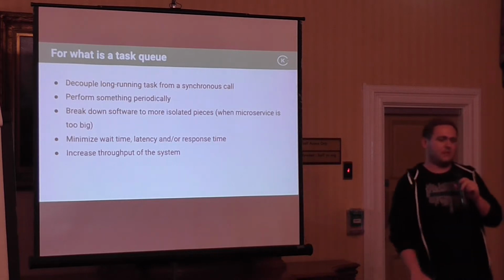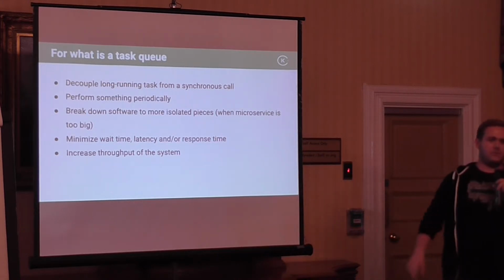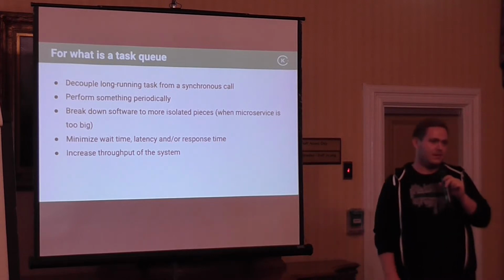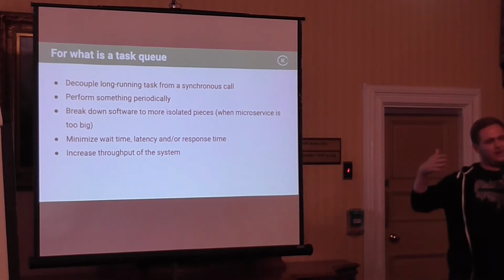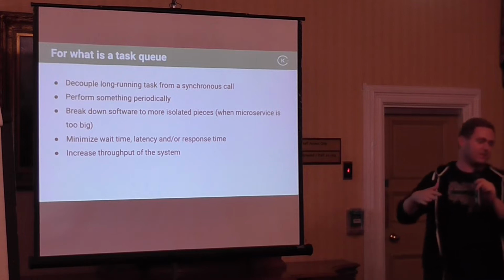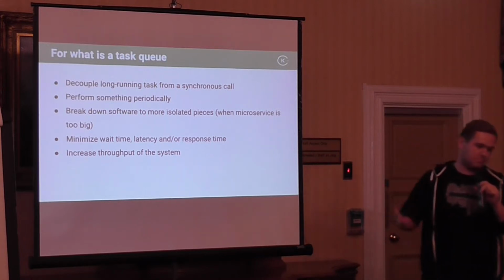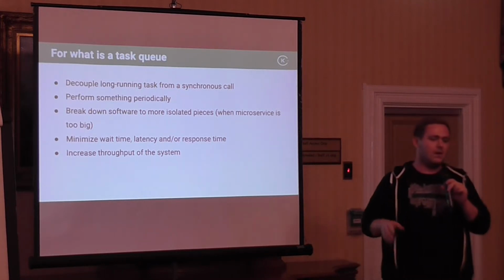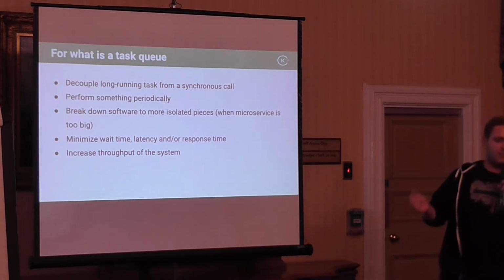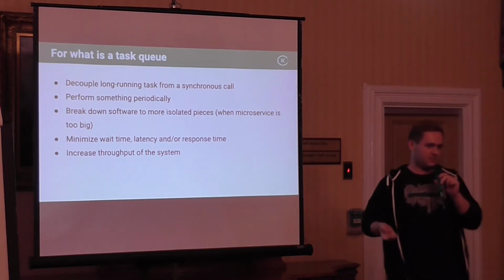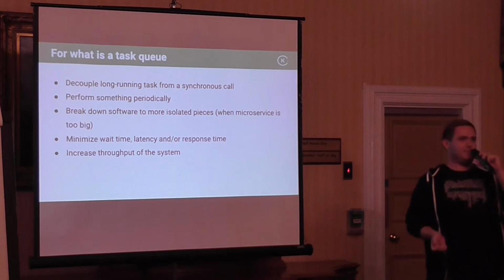What a task queue is, we now know, but what is it actually for? In our high-level programming, web development, business logic, we usually use it for decoupling long-running tasks from a synchronous call. So, this is better, right?